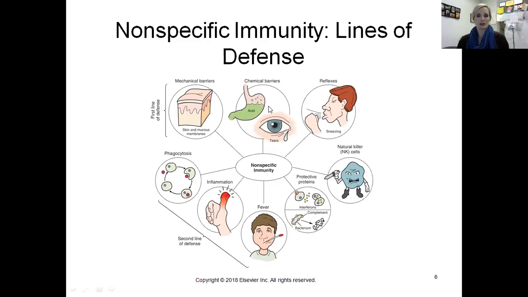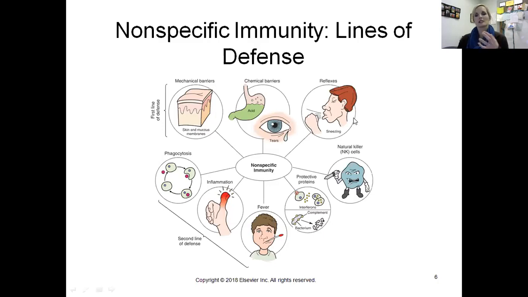Inside of the stomach, there's acid, so that hopefully if we take in any type of chemical that we are eating, it's destroyed in all of that acid in our stomach. Tears are very much a chemical barrier. They have enzymes in them so that if anything gets into our eye, we try to not just flush it out, but those enzymes within our tears are also going to try and fight against something.